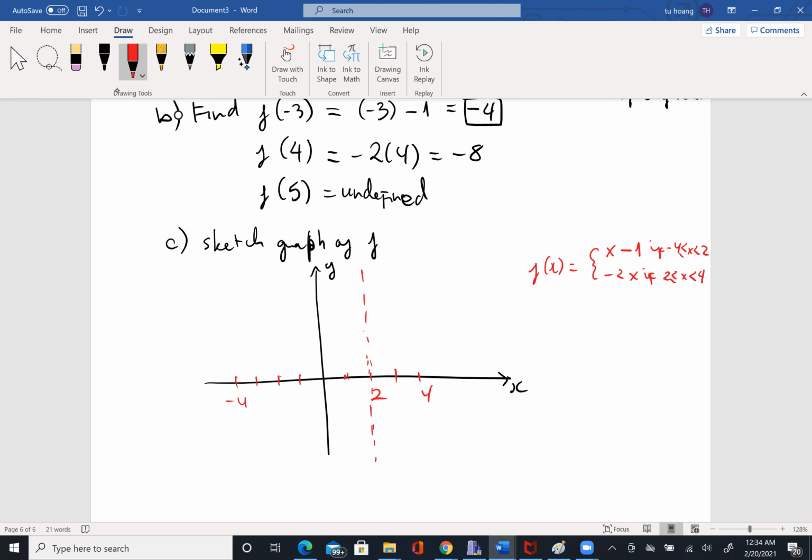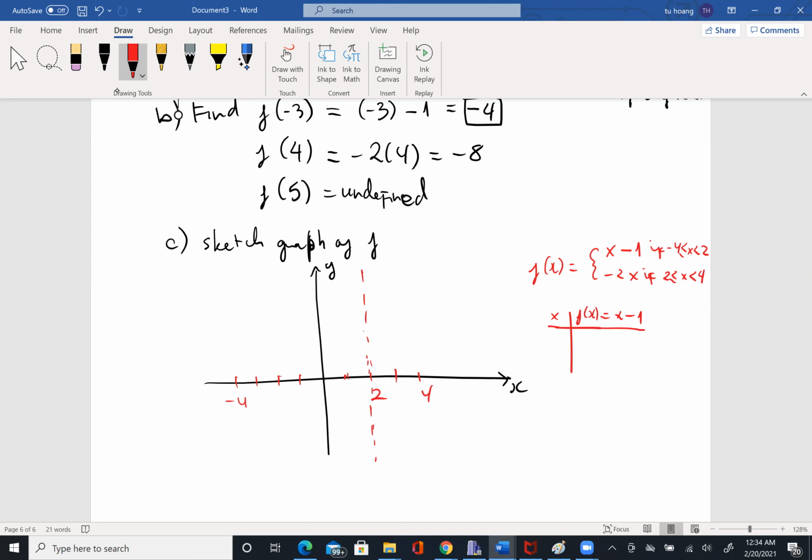So if you want to draw, you want to start from negative 4, right? So firstly, you need to have a T table for x values when f of x is equal to x minus 1.